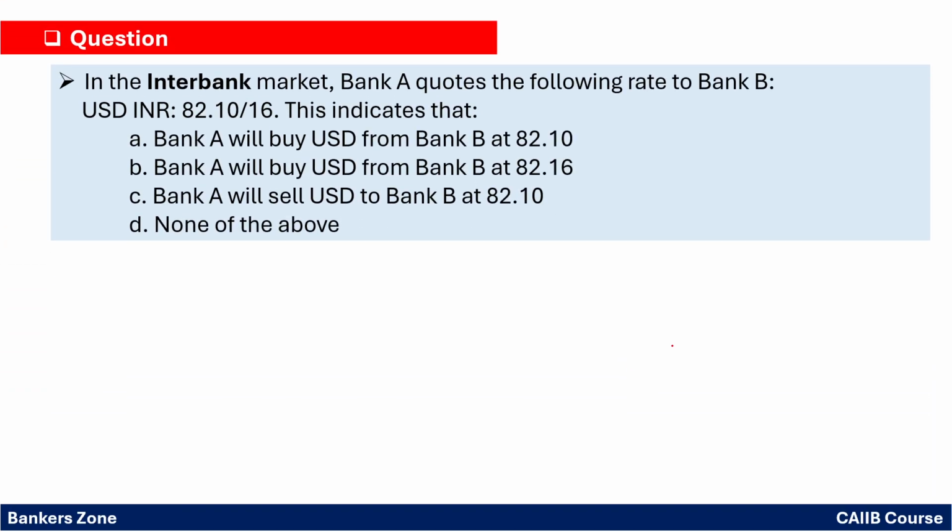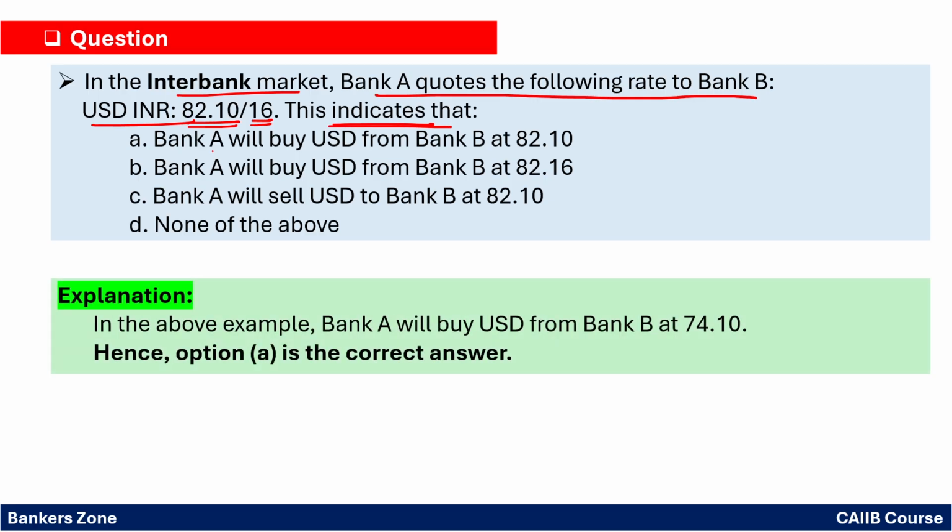See, in the interbank market, bank A quotes the following rate to bank B. What is the rate? USD INR, they have given 82.10 and 16. What is this indicating? See, bank A will buy the dollar from bank B. So A has quoted to buy.